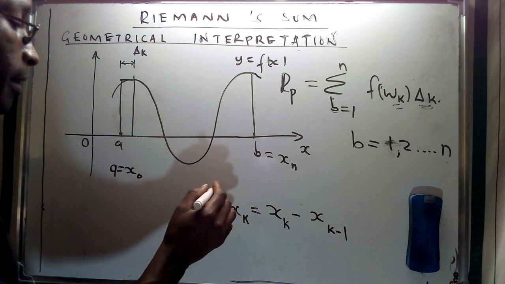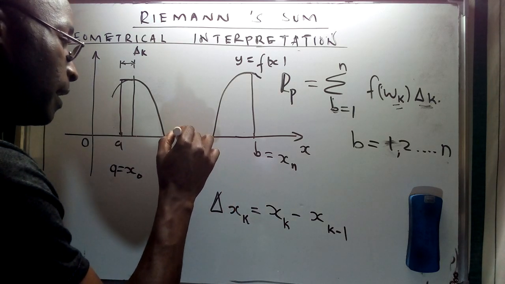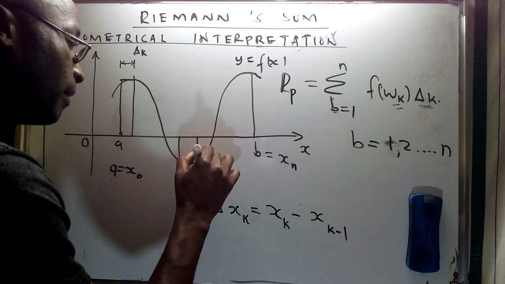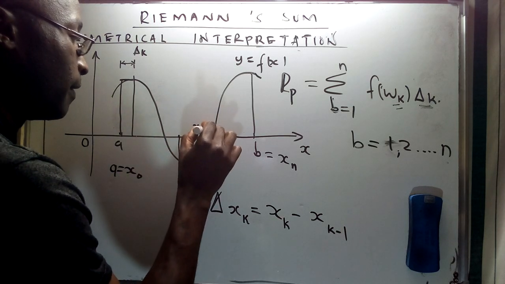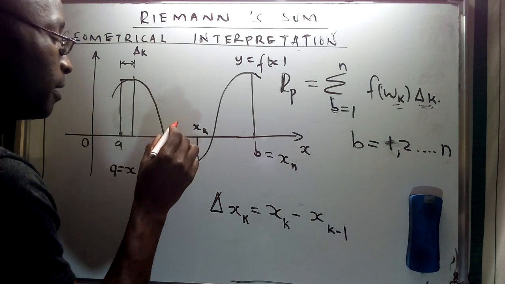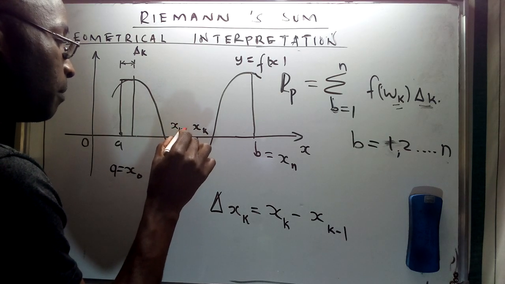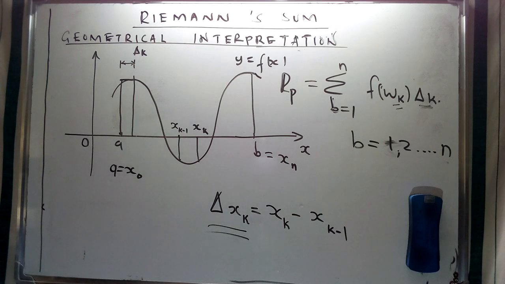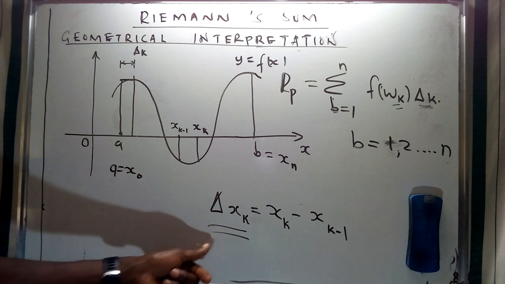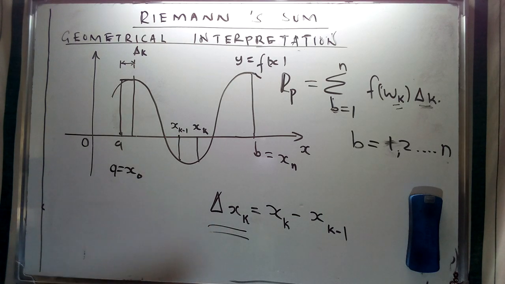If we consider the kth rectangle in this case, we have the value of xk at this point, and the value before xk is xk minus 1. The difference between the two gives us delta xk, which is the second part of the Riemann series that I've given.